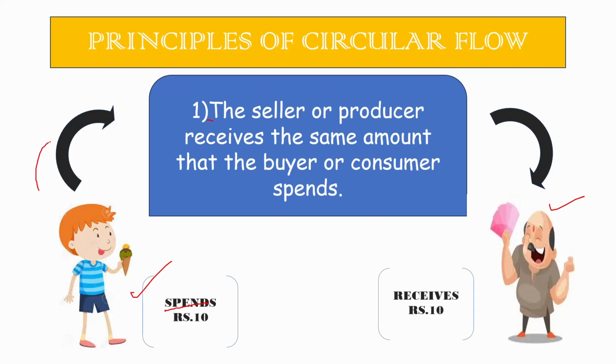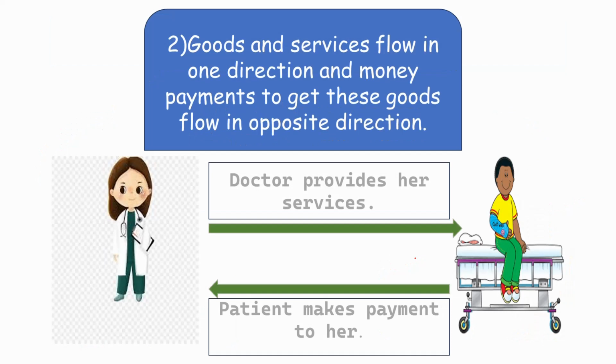So this shopkeeper will also receive the same amount, rupees 10. There will be no exchange of 1 rupee more or 1 rupee less between this child and the shopkeeper. So this is very simple, and it is very obvious too.